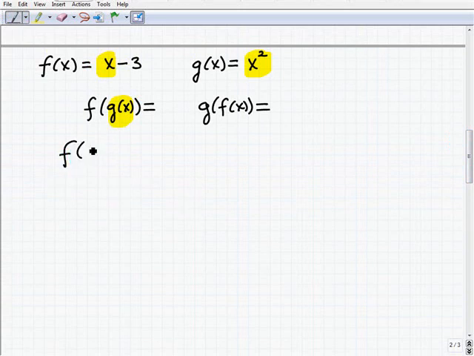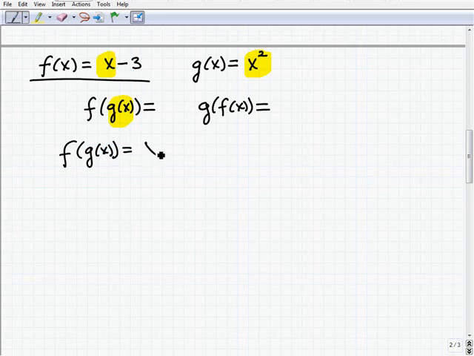So f of g of x is, my f function is x minus 3. However, in place of this x, I'm going to plug in the g function, which is x squared. So it's going to be x squared, let me write that better, x squared minus 3.